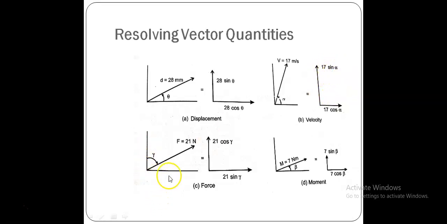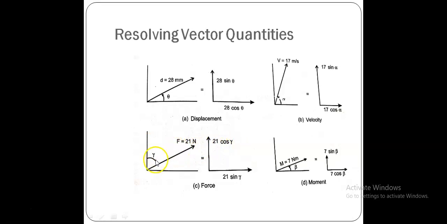Here is a force quantity, a force acting in this direction. There is an angle gamma which is subtended with respect to the horizontal, and therefore it can be resolved. Vertically it is 21 cos gamma.